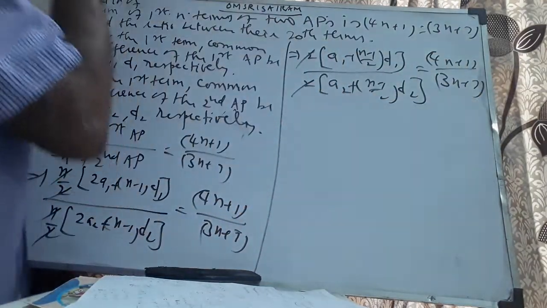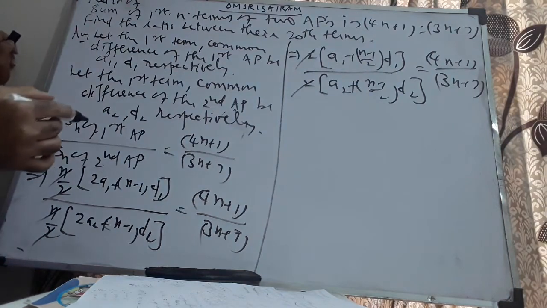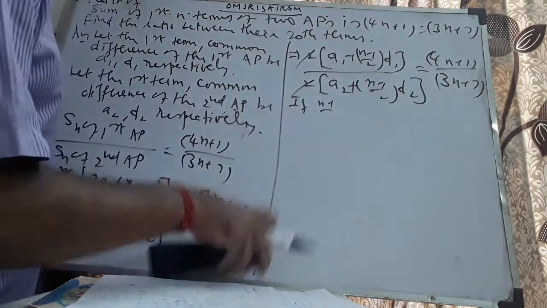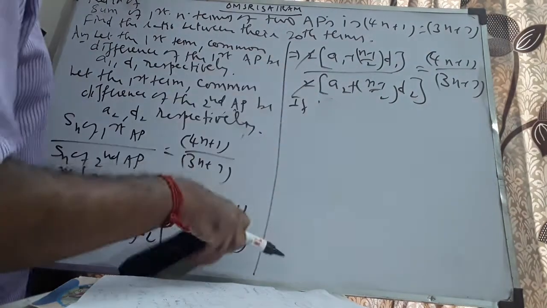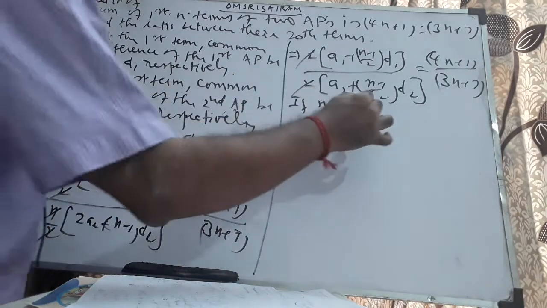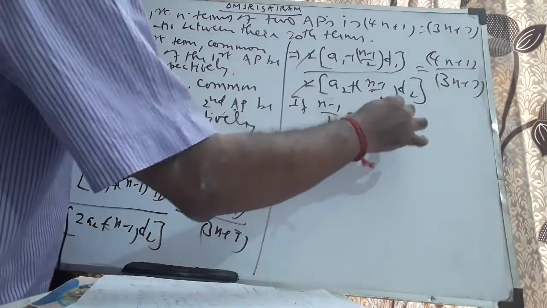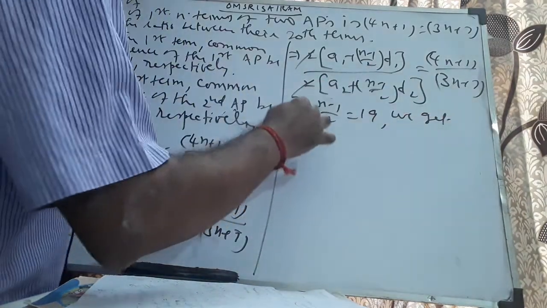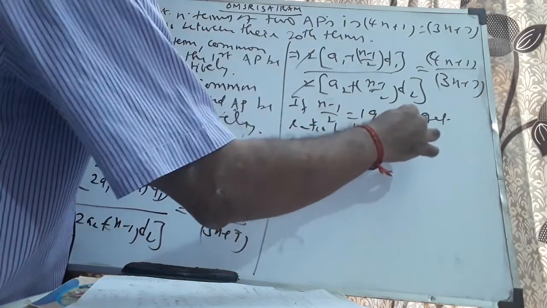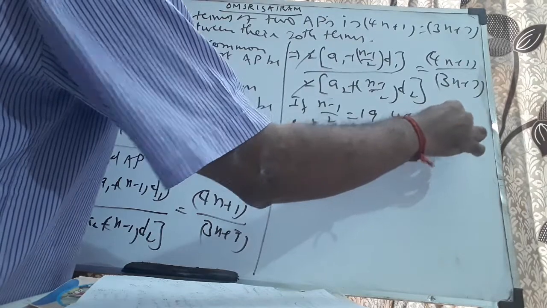After this, the answer is quite logical. If n minus 1 by 2 is equal to 19, we get the ratio between the 20th terms.